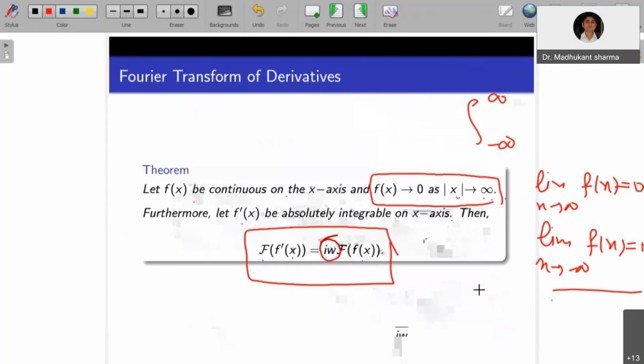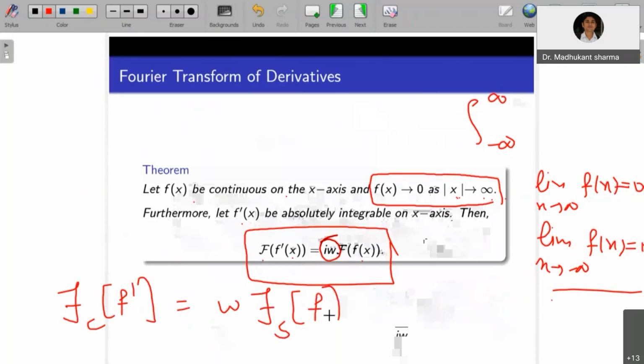Now, what is the beauty of this Fourier transform is that you don't need the initial condition. In the Fourier cosine transform, if you go back and check, the Fourier cosine transform of its derivative was something like w times the Fourier sine transform of f minus square root of 2 by pi times f at 0.